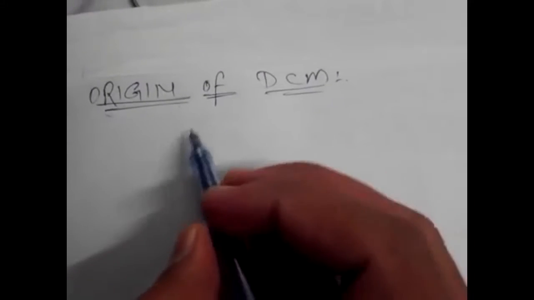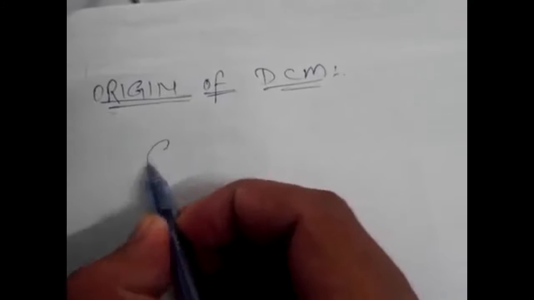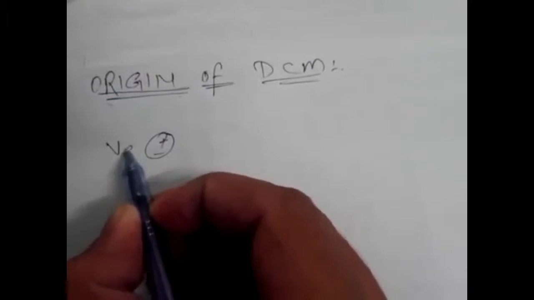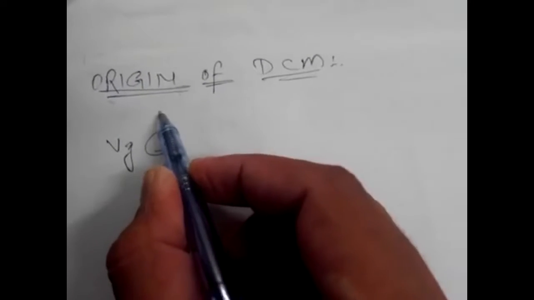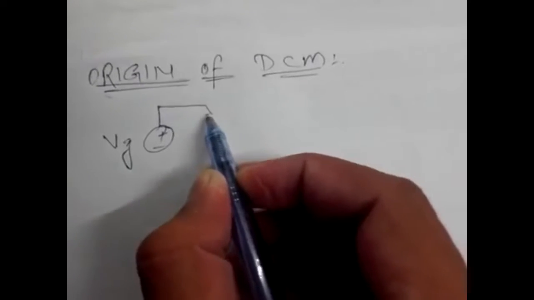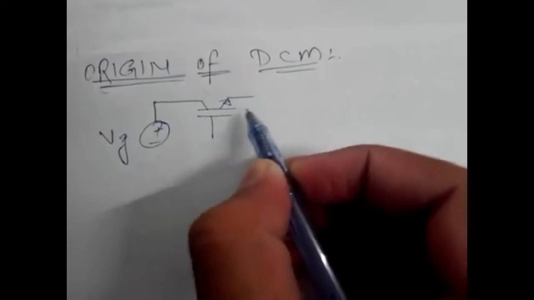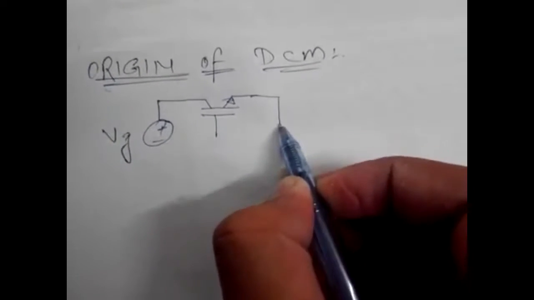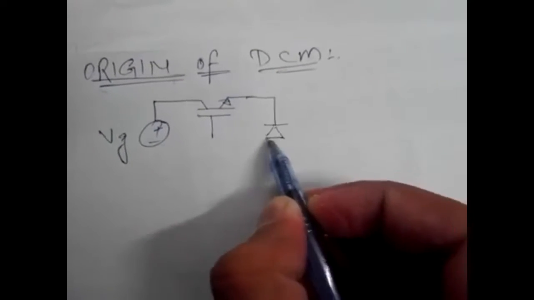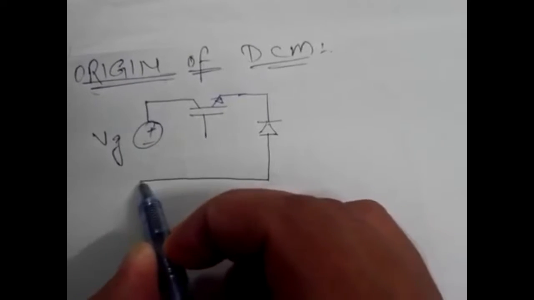So now we take a circuit of this type: we apply voltage Vg, and connect this voltage to a bidirectional MOSFET switch, and another switch is connected here, which is a unidirectional diode.